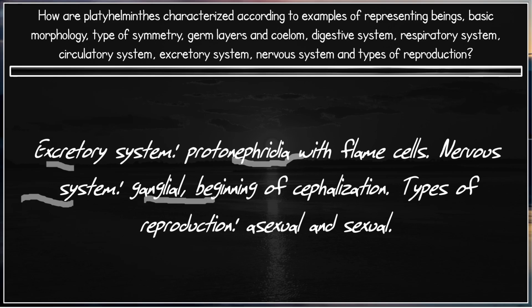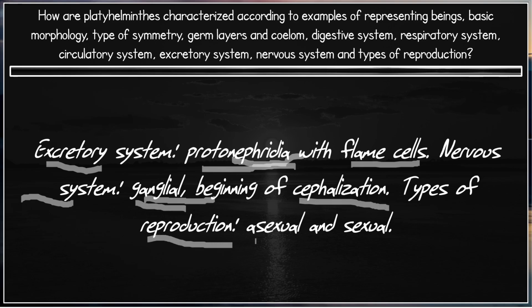Excretory system, they use protonephridia with flame cells. The nervous system, they have ganglion, beginning of cephalization, and types of reproduction, they have asexual and sexual reproduction.